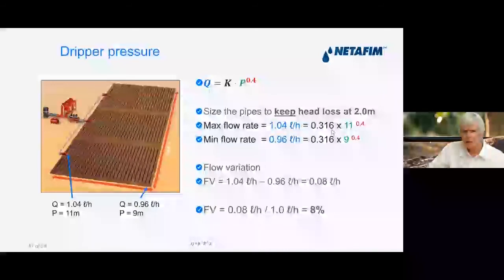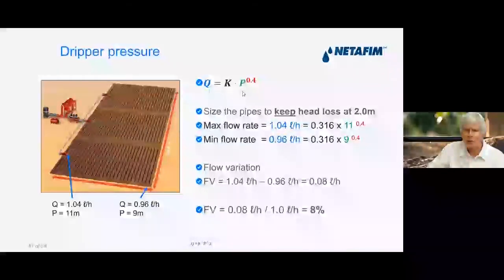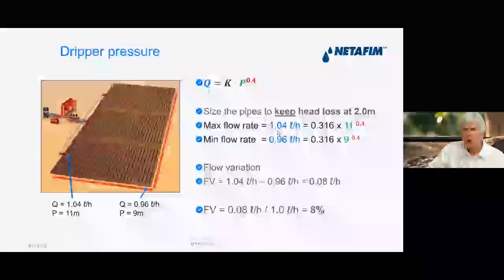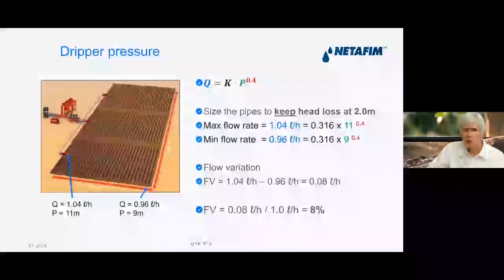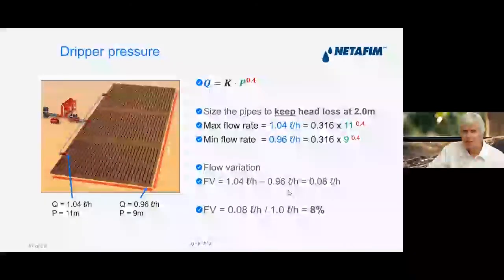Well, we've got our equation, Q equals K times P to the power of 0.4, and that will result in a maximum flow rate of 1.04 liters an hour and a minimum flow rate of 0.96 liters an hour. So that flow variation is 1.04 minus 0.96 equals 0.08 liters an hour.